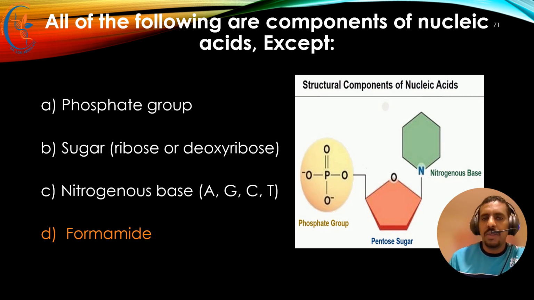In our question, the correct answer is D, formamide. All right. Formamide is not a component of nucleic acids. Nucleic acids, such as DNA or RNA, are composed of a phosphate group, a sugar group, and the third component is the nitrogenous base. So formamide is not a component of nucleic acid.